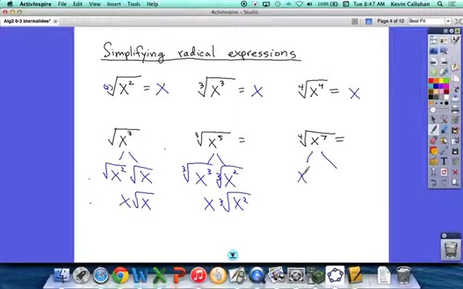X to the 4th times x to the 3rd. Now the 4th root of x to the 4th times the 4th root of x to the 3rd. The 4th root of x to the 4th is x, and the 4th root of x to the 3rd cannot be simplified. You're done.